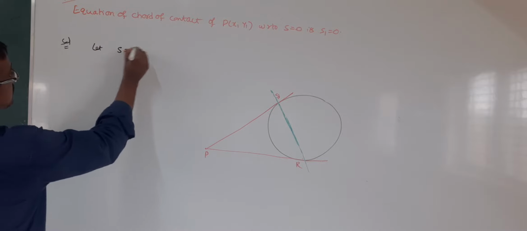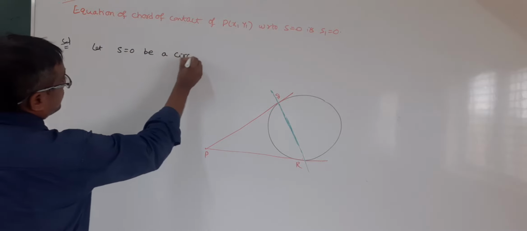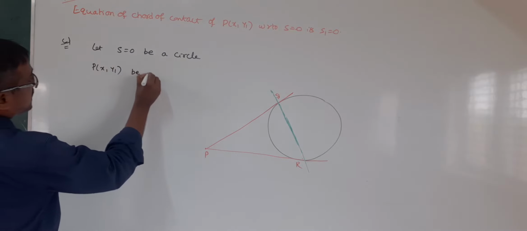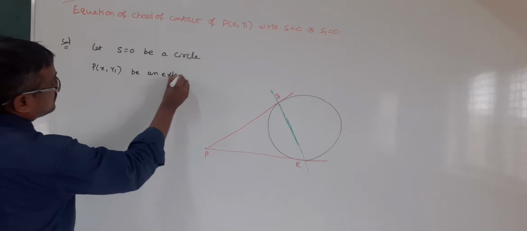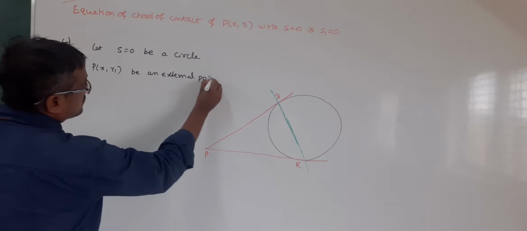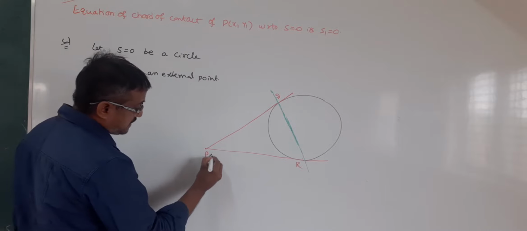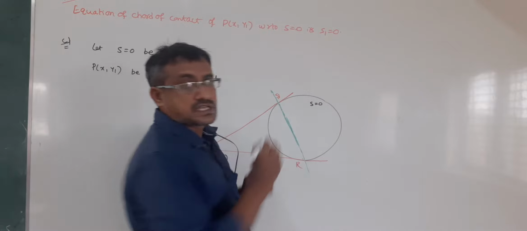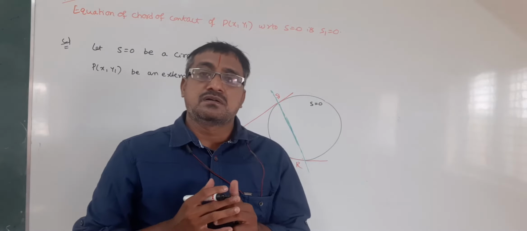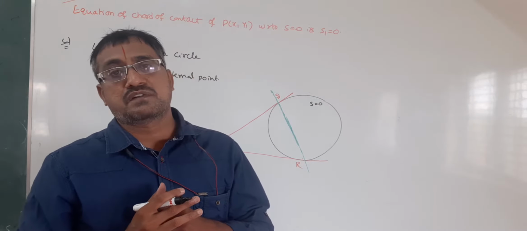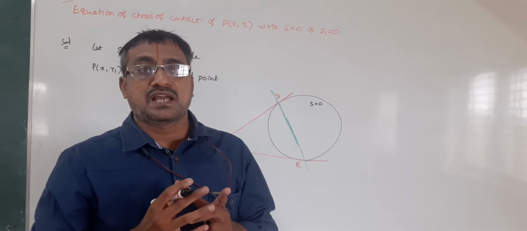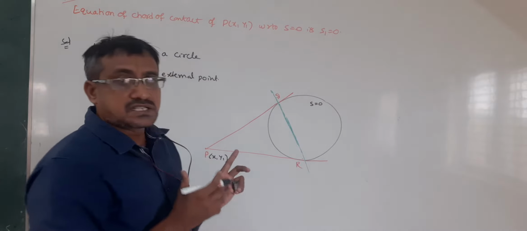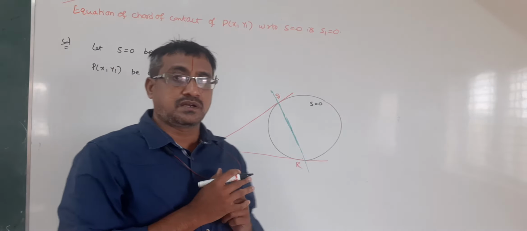So let S = 0 be a circle and P(x1, y1) be an external point. Like this, P(x1, y1) is an external point to the circle S = 0. By the definition of chord of contact, it is the line joining the points of contact of the tangents drawn from the external point.